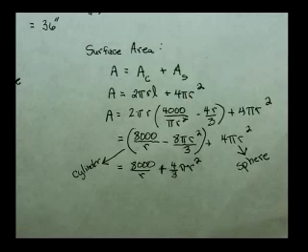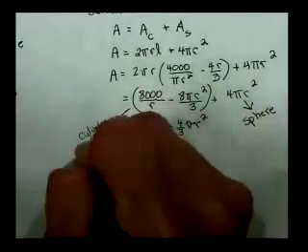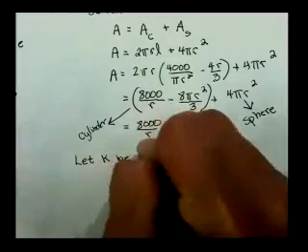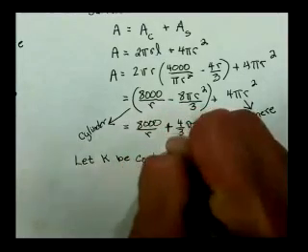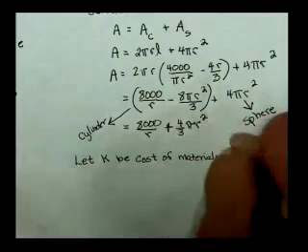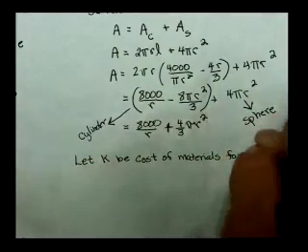Oh. Let me write this down. I have an idea. Let K be the cost of materials for the cylinder.